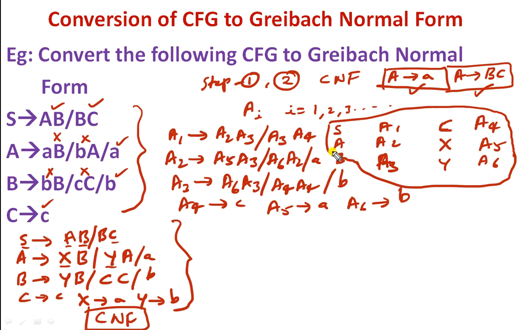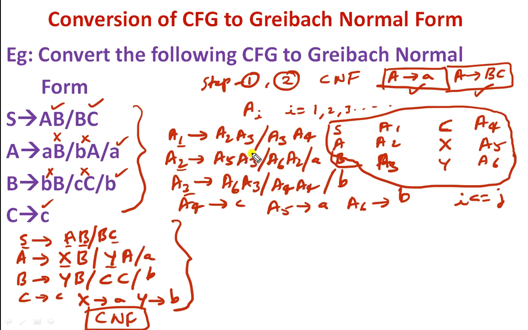Okay. Now let us check whether these production rules follow the Greibach normal form or not. What should be the condition? i must be less than or equal to j. So 1 is less than 2 or 3 or 3 or 4. 2 is less than 5 or 3, 6 or 2. 3 is less than 6 or 3, 4 or 4. 4. So that's all.